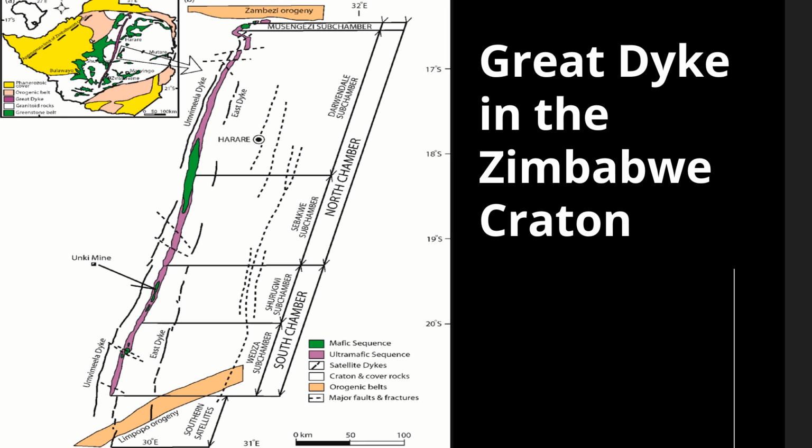Next, we're going to be going through a few models, a few maps of the Great Dyke from various scientific journals, various scientific papers. So first we have a map of the Great Dyke in the Zimbabwe Archean Craton. We can see the major fracture pattern here with the dashed lines and the ultramafic sequences in purple, which kind of boat-like encases the mafic sequence.